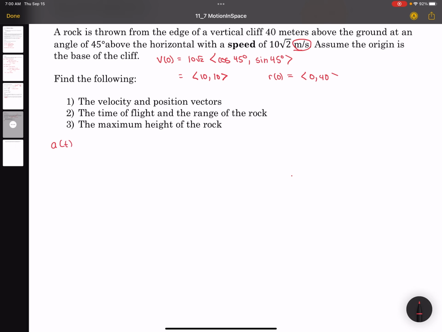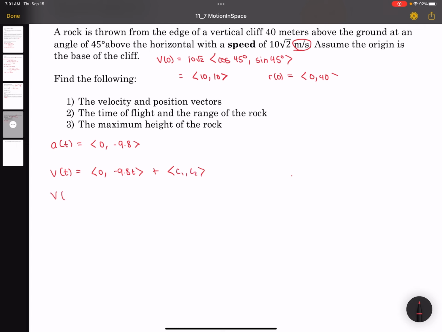Our initial acceleration vector is going to be 0 and negative g, so negative 9.8. And so our velocity is going to be the antiderivative of this, which is going to be 0 and negative 9.8t plus some initial value. It's an initial value condition, so plus, we'll say, C1 and C2.